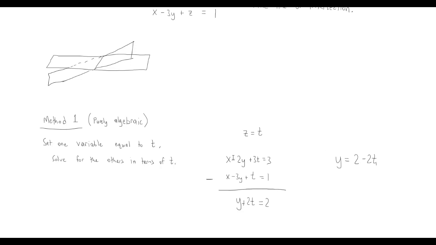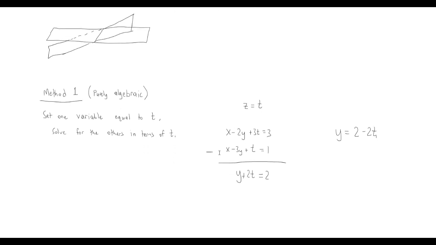Okay? Now to solve for x, we can substitute this back into either of these equations. I don't think it really matters, so I'm going to sub into that first equation. So in the first equation we had x minus 2y, which I'm going to replace with 2 minus 2t, plus 3t equals 3.